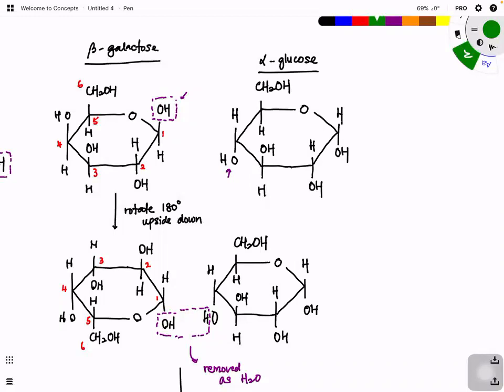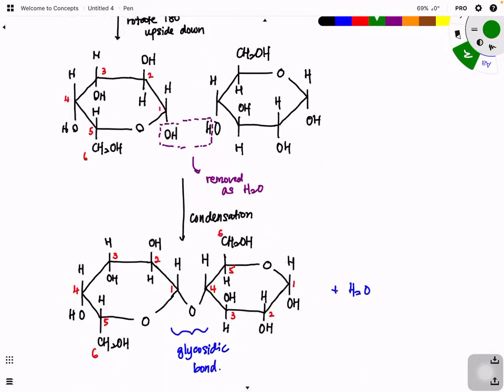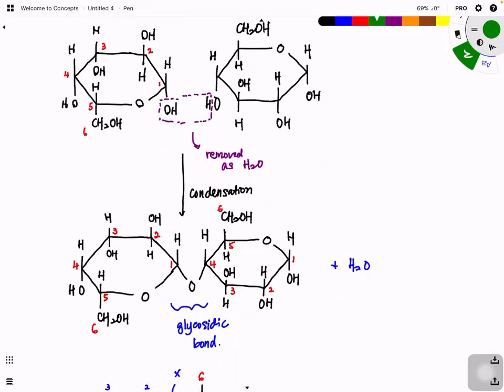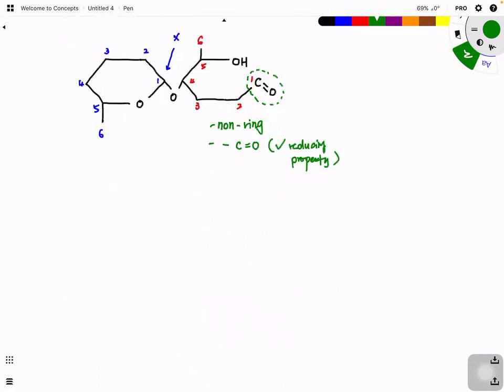And then how the formation of the bond takes place. Take the photo if you need. And last, how come the lactose can still retain the reducing property.